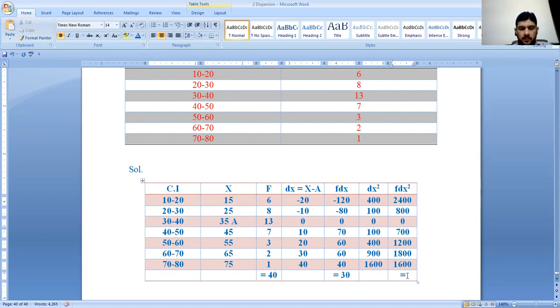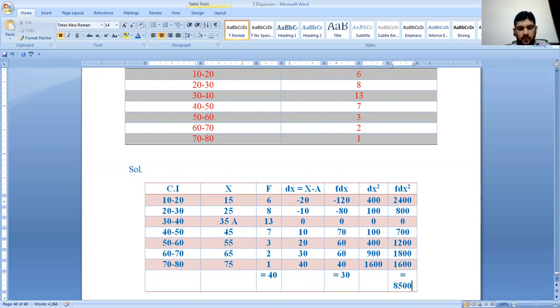Now we find the sum of these fdx square, that is 2400 plus 800 plus 700 plus 1200 plus 1800, and the last one is 1600. It will be 8500. So 8500 will be sigma fdx square.